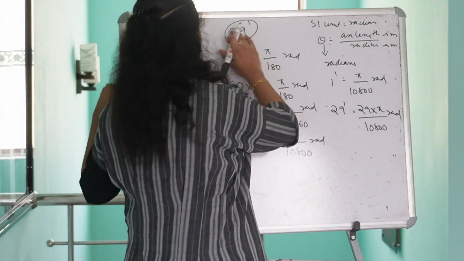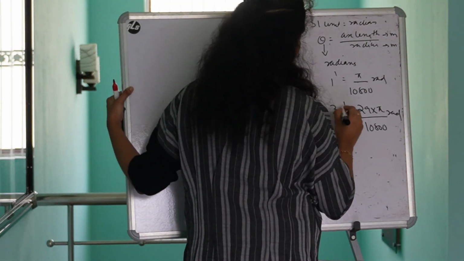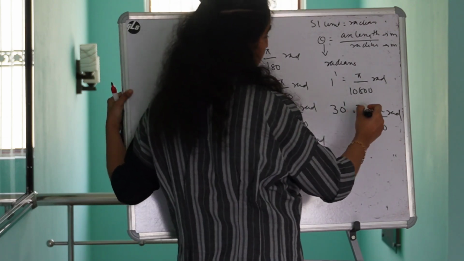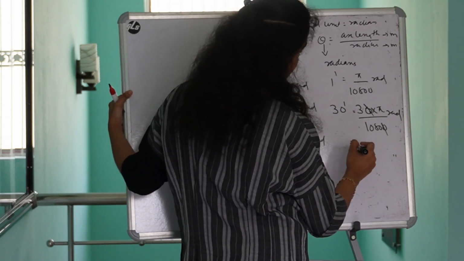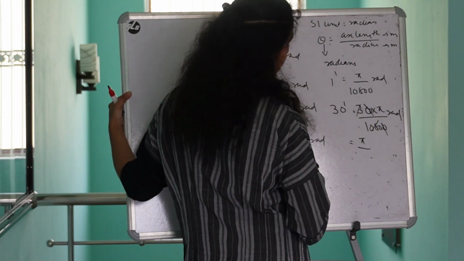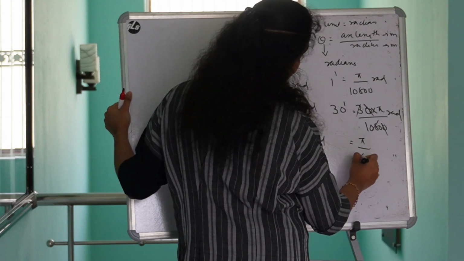Let it be 30 minutes, so we can solve. The 0 is cancelled, and again we can cancel 108 and 3. So pi divided by 360.